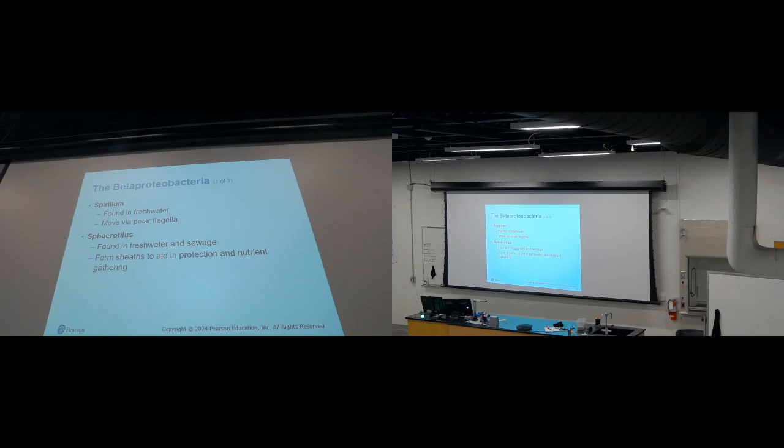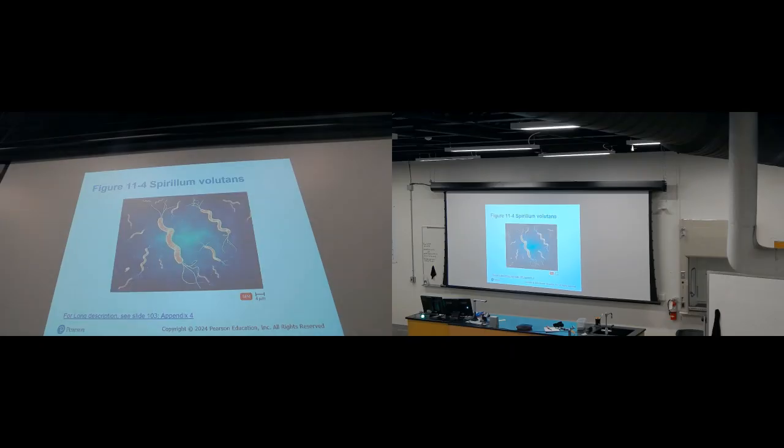As Ferrotilus, we have this bacteria that lives in water, fresh water, and sewage water, and it forms sheets. It can be found inside the sheets and reproduces inside the sheets, and it helps them to be protected and to gather nutrients.